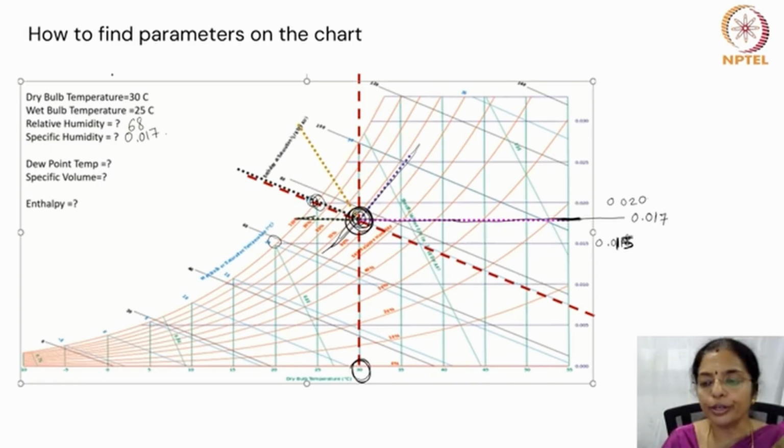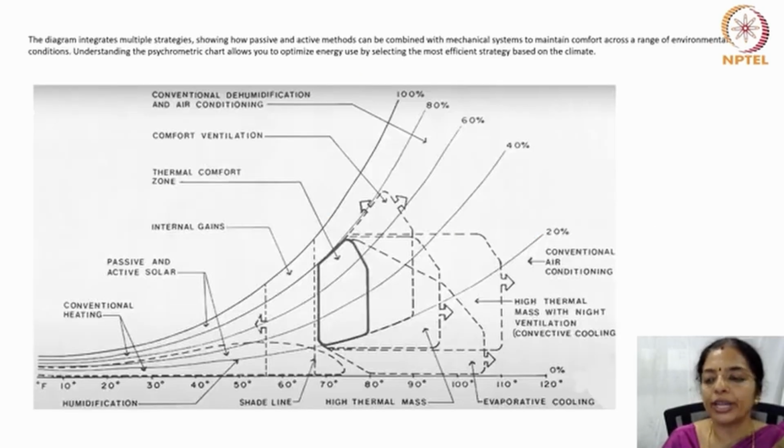We are not going to find this actually, because you don't need to find this in today's world, because there are a lot of softwares and I'll be teaching you all that. So now why I taught you all that is, on the psychrometric chart, this comfort zone is marked.